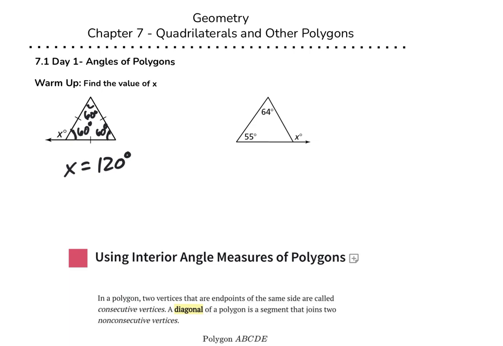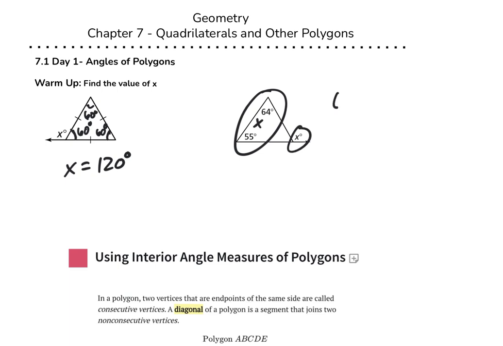Hey, this one here, we don't necessarily have to find this angle right here. We could say 180 minus these two, and that would give us our leftover angle here. And then we could do the 180 here. But the much easier way is these two interior angles added together equal x.